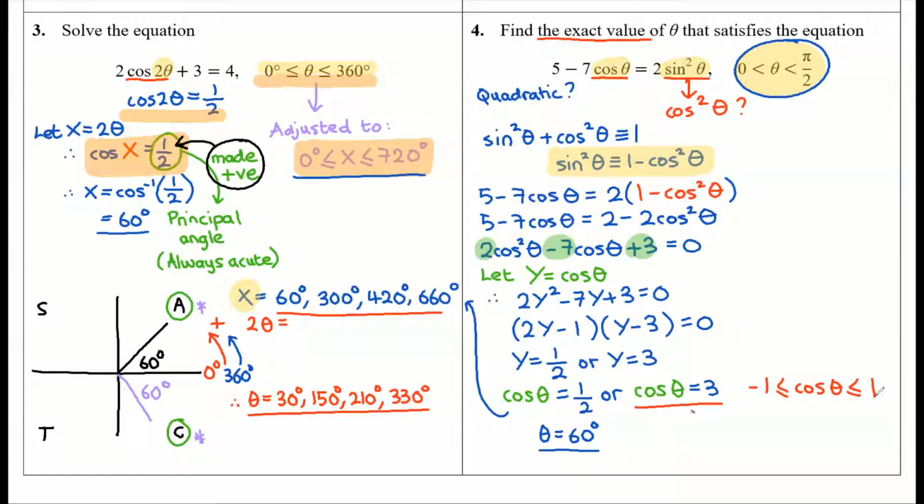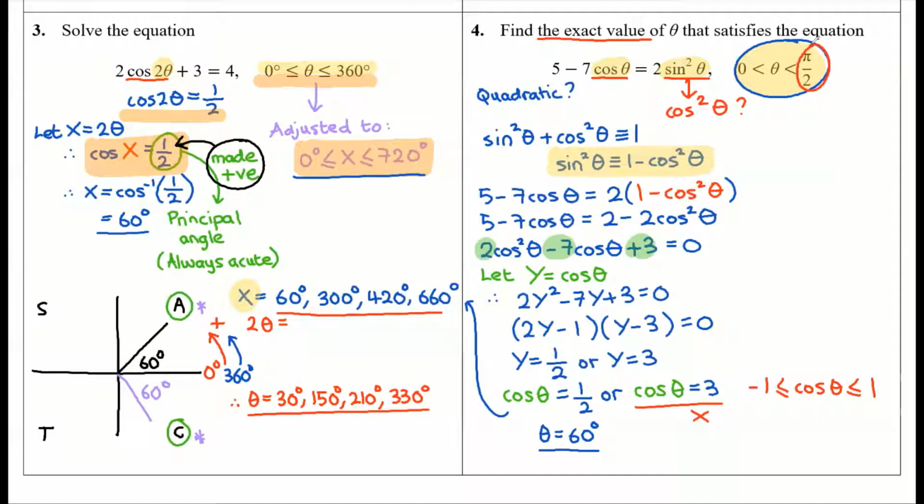So this cannot happen. This has no real solutions whatsoever. It has complex solutions, but that's for further mathematicians. So we just need to give the answer in radians. And we know the answer is in radians because it's specified between 0 and pi/2, which is 90 degrees.